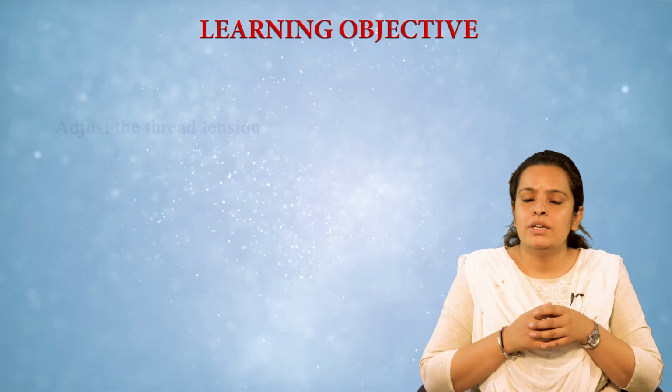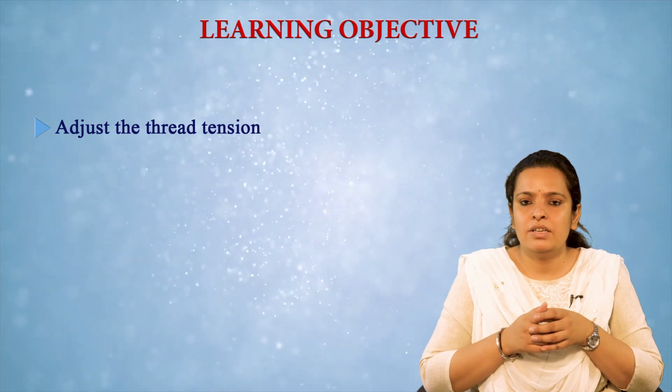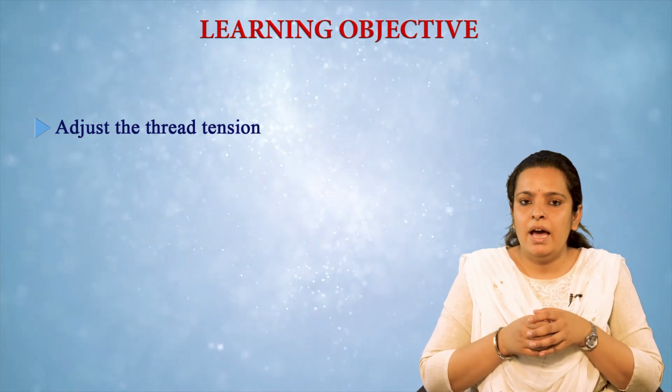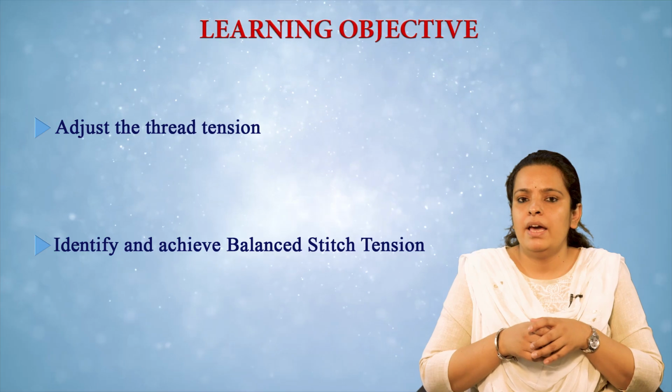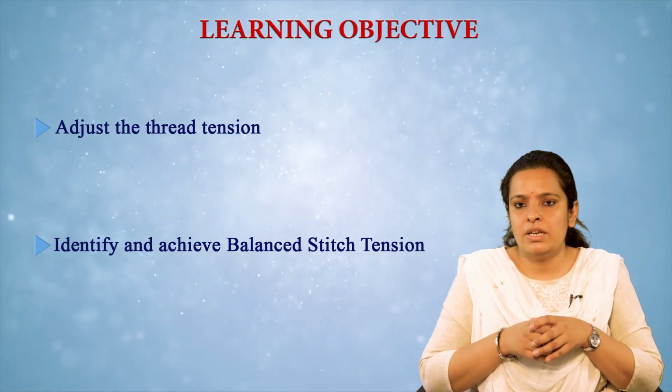When you do this activity on your own, you can adjust the thread tensions on the sewing machine, and you can identify and achieve balanced stitch tension. You can achieve these two learning objectives after doing this activity.